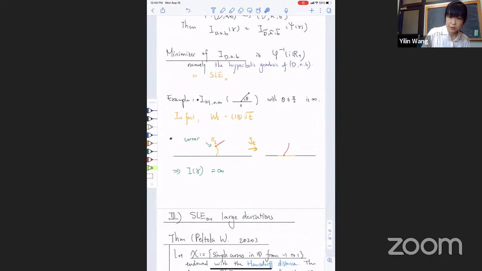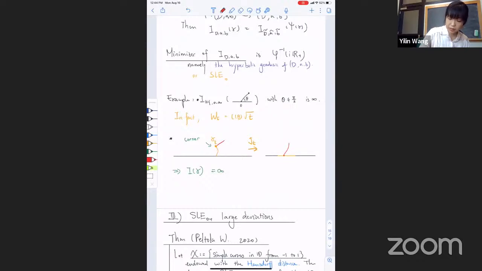And this also tells you that if the curve is making an angle at gamma t, then if I open up this slit, the two sides of it will be mapped to two sides of the tip.